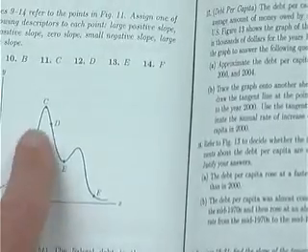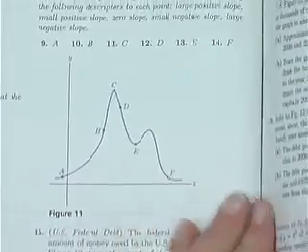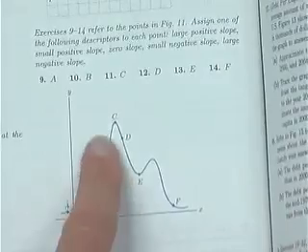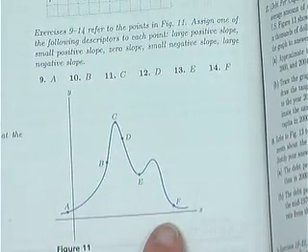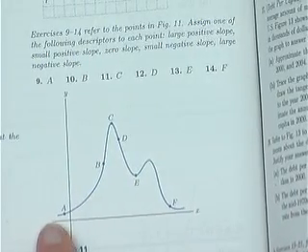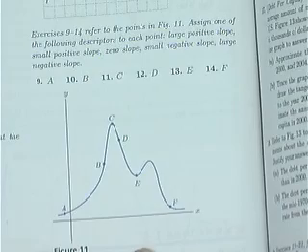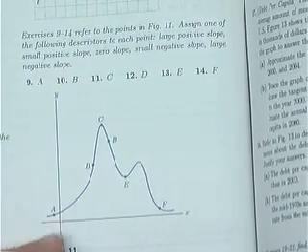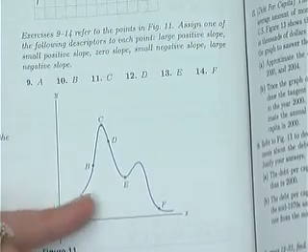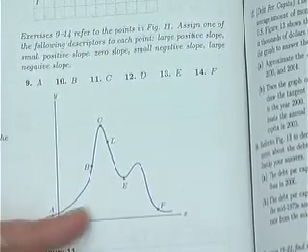Question numbers 9, 10, 11, 12, 13, 14 right here. We're supposed to refer to these points, and we're going to say which one has the biggest slope. Well, what we're going to do is just say, is it a very positive slope or a very negative slope. Would you say A has a positive slope or negative slope?